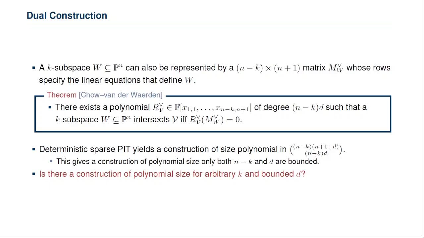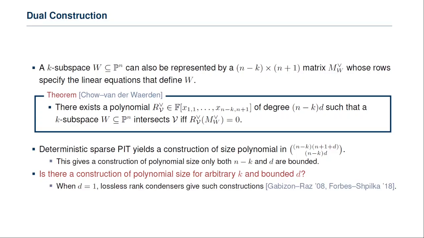So we can ask if there is a construction of polynomial size for arbitrary dimension k and bounded degree d. And note that when the degree d is 1, then this is the problem of constructing lossless rank condensers, and we do have such constructions. So the question is whether or not we can extend to general bounded d.